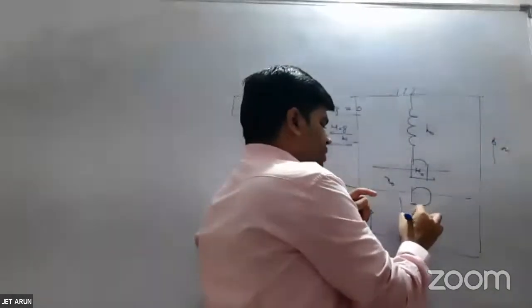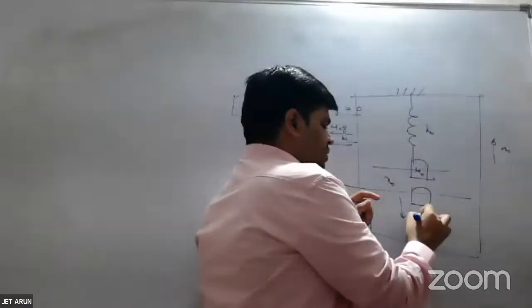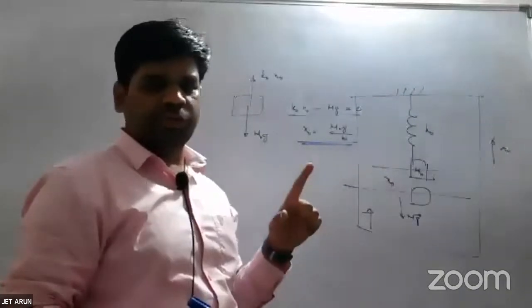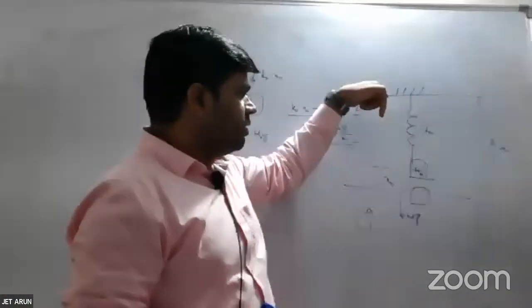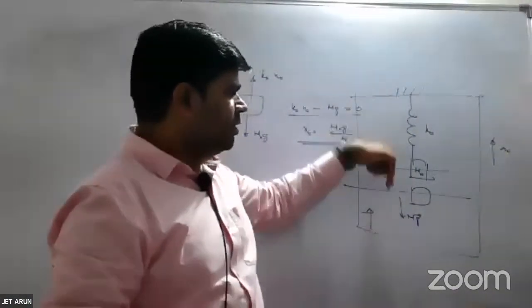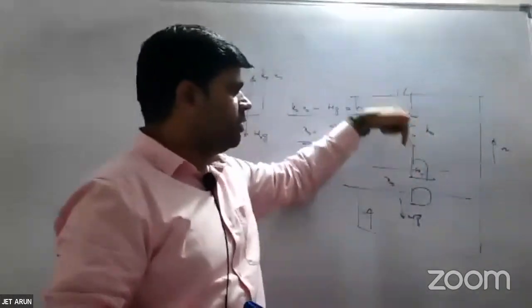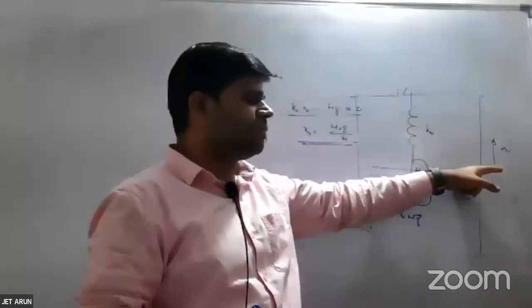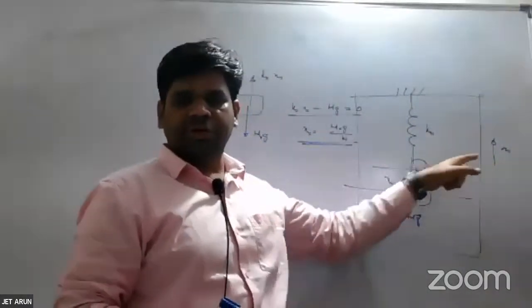I've got a gravitational field as usual, but I've got a pseudo force field as well, where I have m a naught downward at every point. Pseudo force is opposite to the direction of acceleration of the reference frame and equal to mass into acceleration of the reference frame.